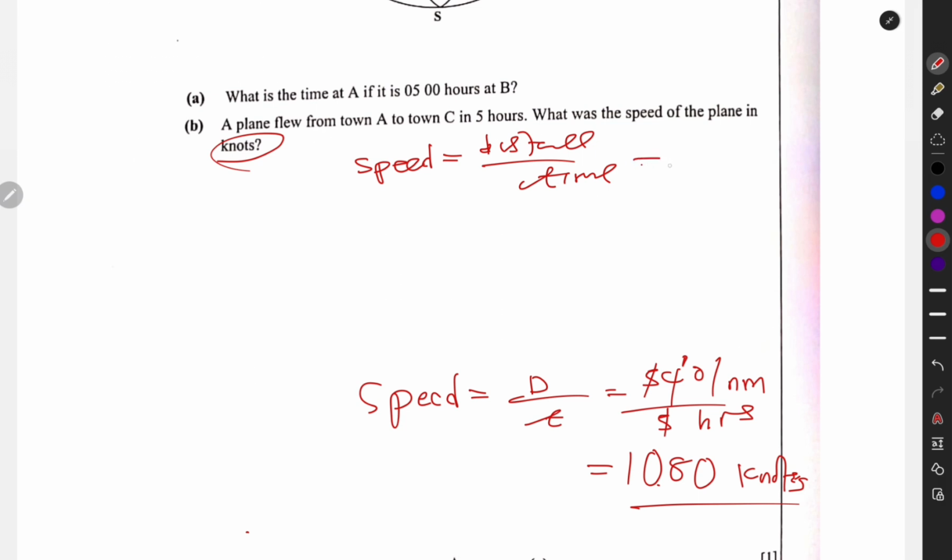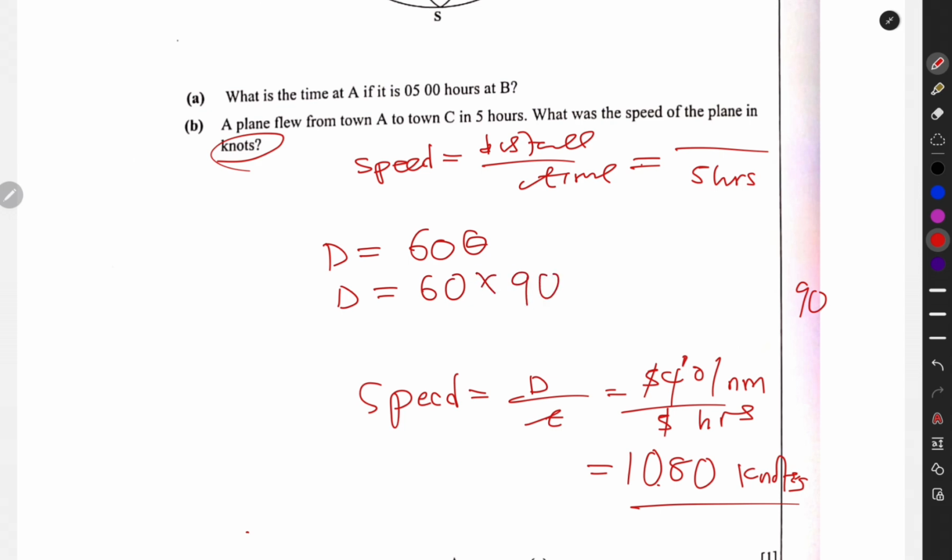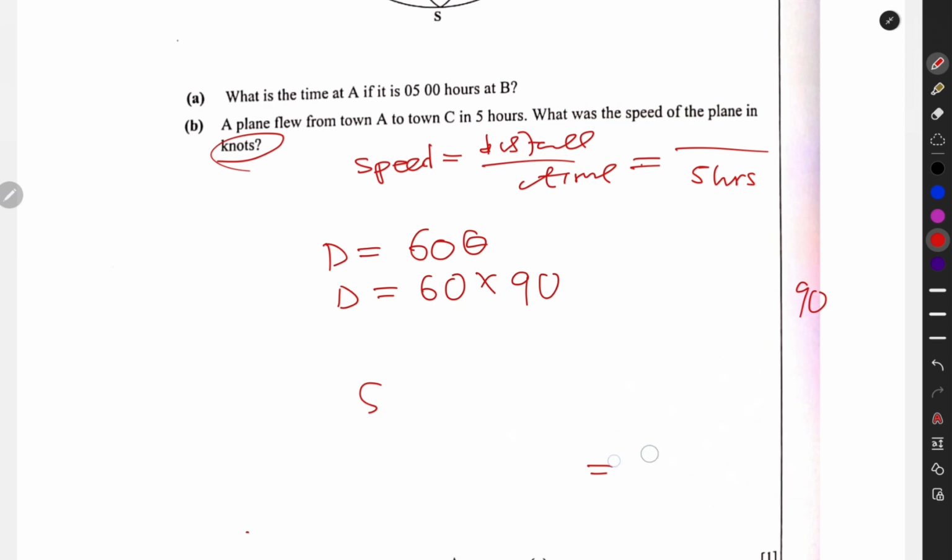Time we have to be 5 hours. All we need is distance. So distance is equal to 60 theta. What did we find as our theta? We found it to be 90. So I just said distance is equal to 60 multiplied by 90.